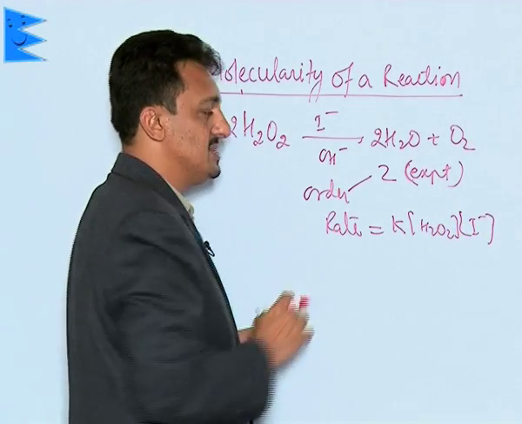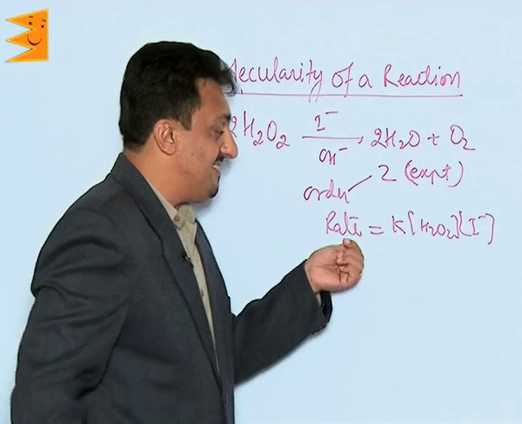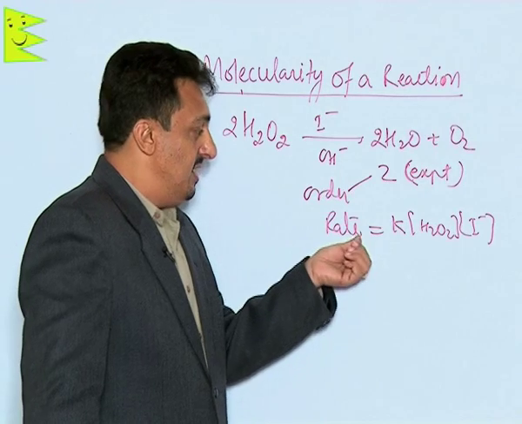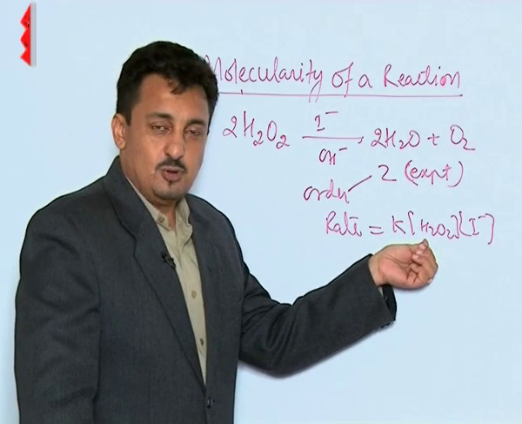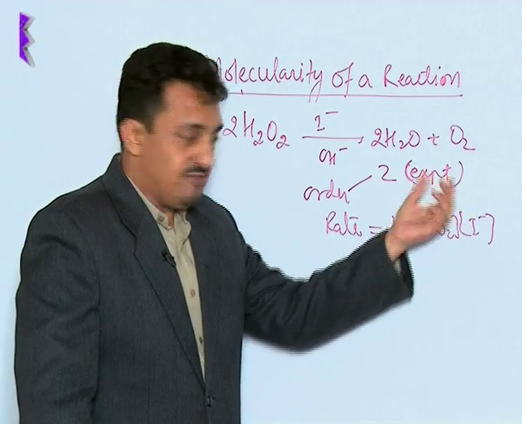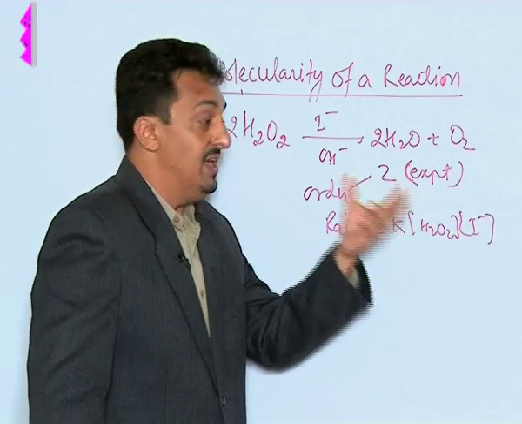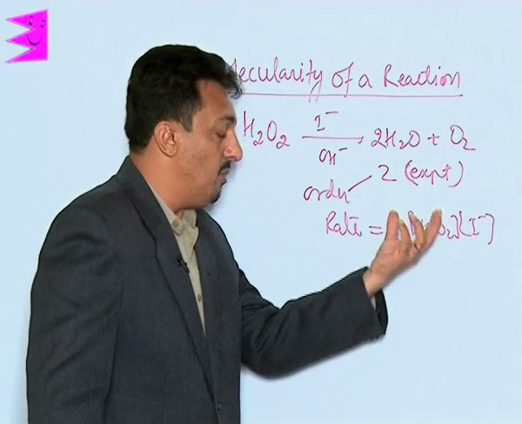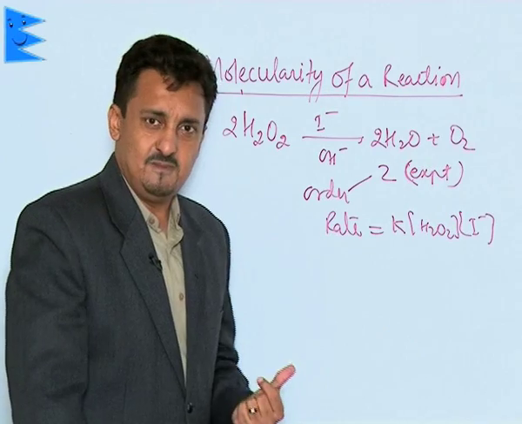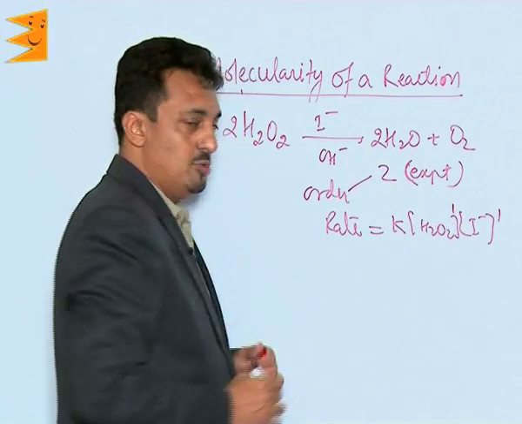See, I minus in this was the catalyst, which should not be involved in the reaction, but the rate says that this reaction is not actually proportional to the hydrogen peroxide concentration to the power 2. So it's not the square of the concentration of hydrogen peroxide, and that is why its order is 2. It's basically depending on the concentration of H2O2 as well as on the concentration of I minus. And this is how the 1 plus 1 makes its order 2.